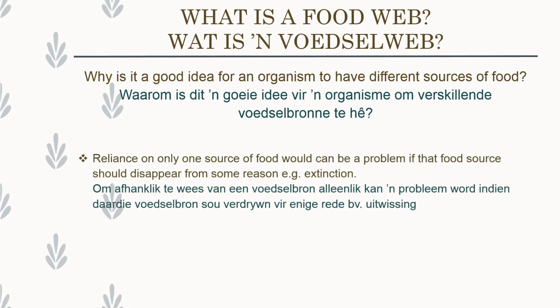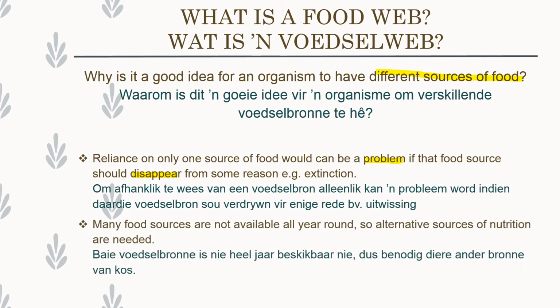So organisms need to have different food sources, so that they don't have a problem if one food source is disappearing. Then they have a different source of food. As I mentioned, not all food sources are available all year round, so it is beneficial if they can have an alternative source.